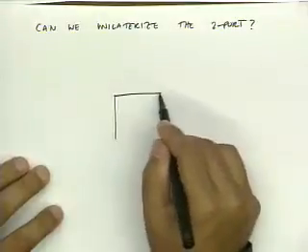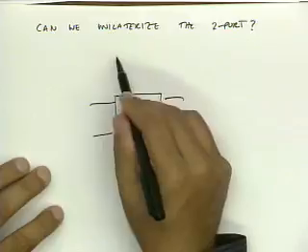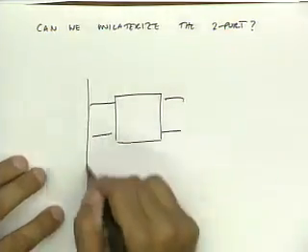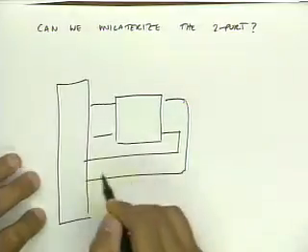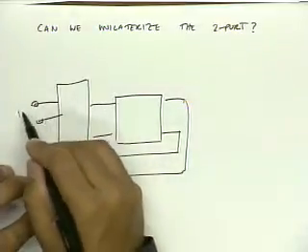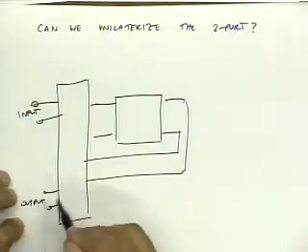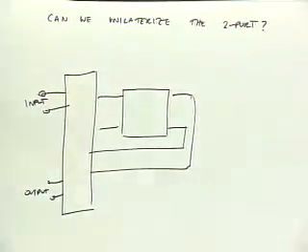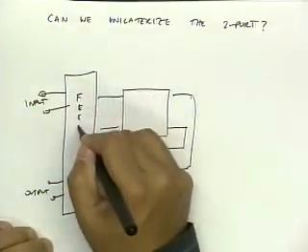That means that in addition, I'm just going to draw it like this. So this is my input, this is my output. Now I'm not simply providing a source and load impedance like I was before, but I'm providing some kind of feedback.